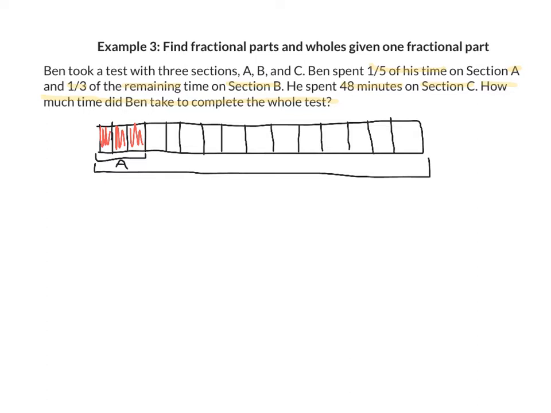Then it says that he spent 1/3 of the remaining time on section B. Since our whole total in our bar model is 15 units, and we use 3 of those units to represent 1/5, we have 12 units left, and 1/3 of those 12 units was spent on section B. 1/3 of 12 is equal to 4, so we're going to shade in 4 units to represent the time used in section B.